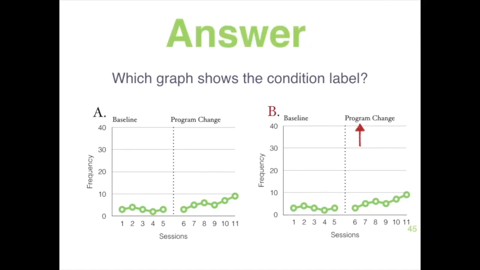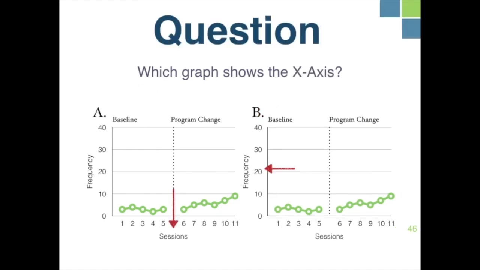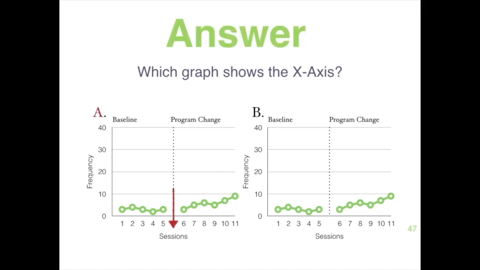And the correct response is B. Well done. Which graph shows the x-axis, A or B? And the correct response is A. Way to go.